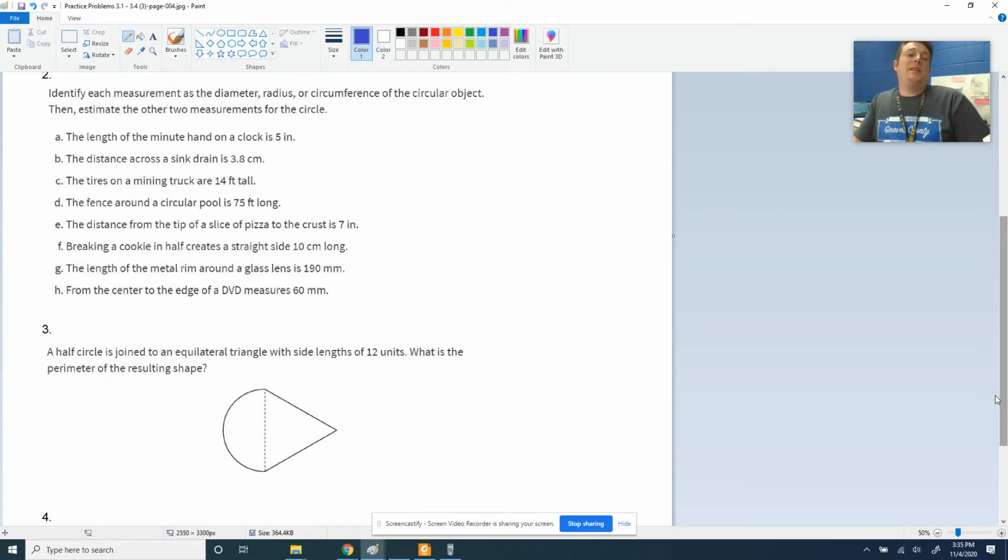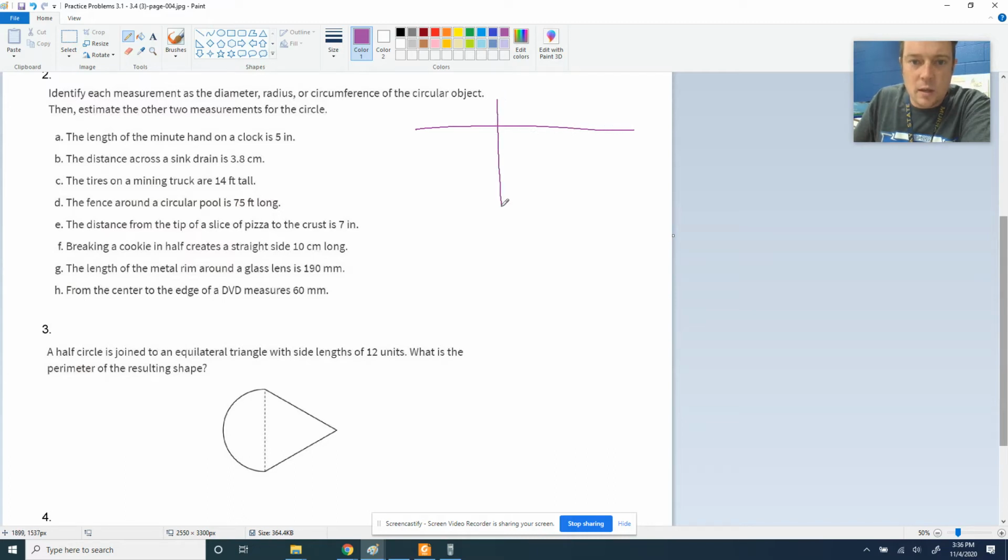Okay. Identify each measurement as the diameter, radius, or circumference of the circular object. Then estimate the other two measurements of the circle. Okay, so here's what I'm going to do for this one to kind of simplify things. I'm going to make a table over here.